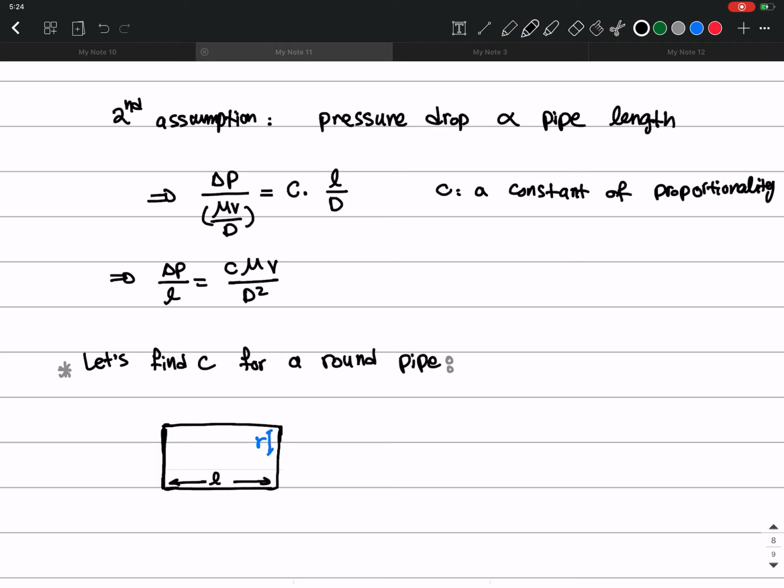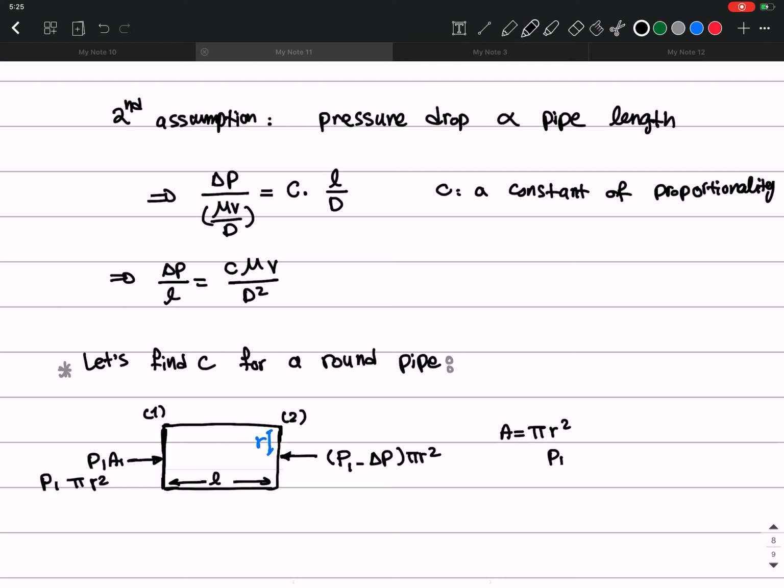So first, here we have pressure at point 1. If this is point 1, and this is section 2, and then times A, right? So times A1. And because this is a round pipe, the area is going to be pi r square, right? So we have P1 times pi r square. And then here we have another force, which is P2 times pi r square, or P1 minus the pressure drop times pi r square.